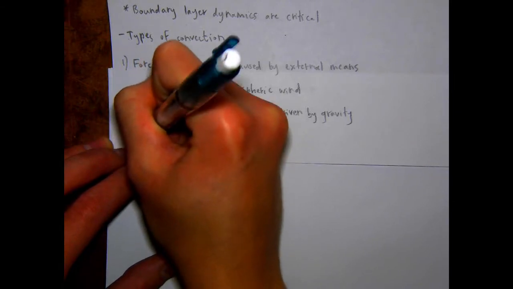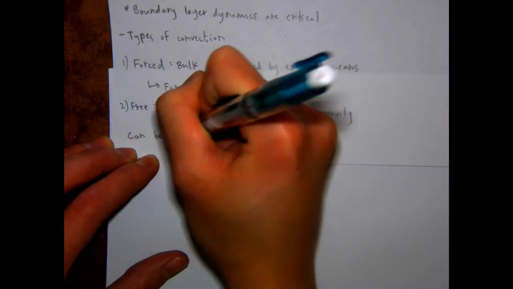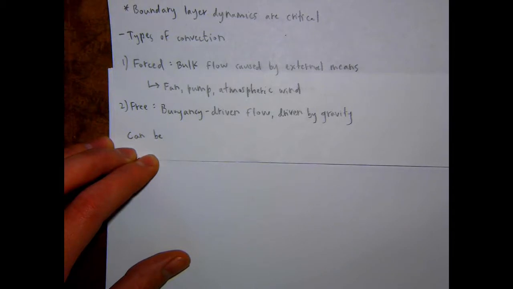Can you have forced convection without free convection? Or is that just something we'll assume away just to simplify problems? Yeah, so typically if you have forced convection, that's going to be way more dominant than the free convection. Right.